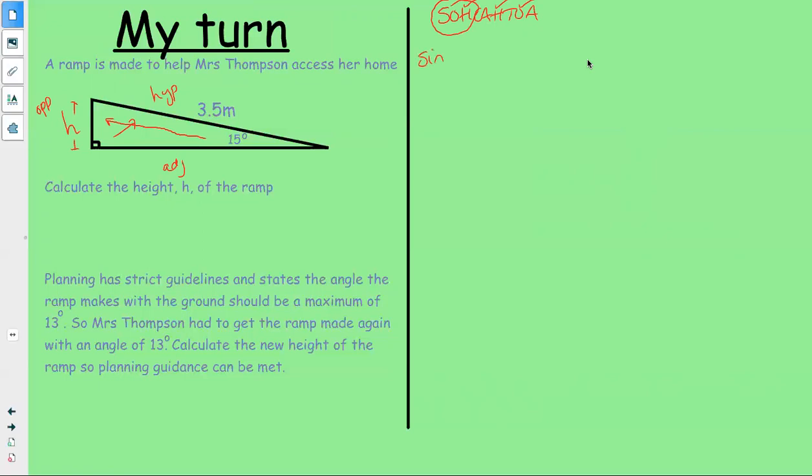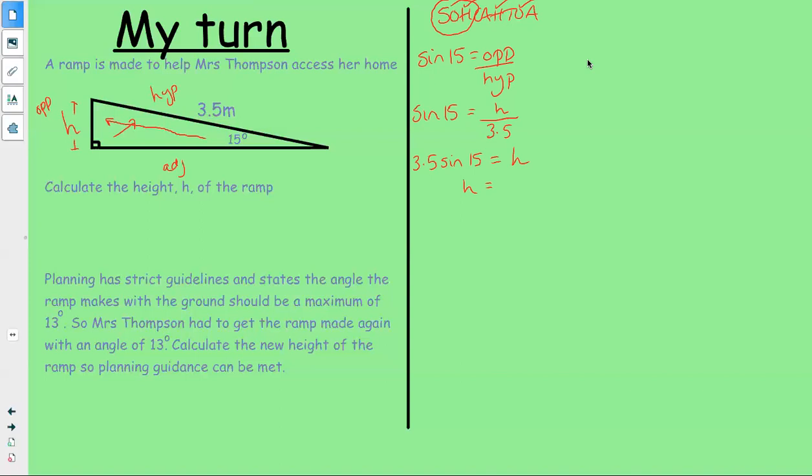So it's going to be sin 15 equals opposite over hypotenuse. So sin 15 equals opposite, which we've called h for height, divided by 3.5. 3.5 comes up and multiplies by the sin 15, and that's what your h is going to equal.